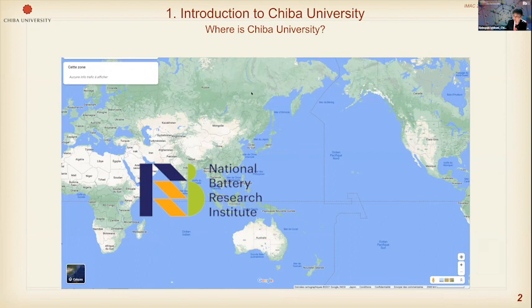Of course, Indri-san knows Chiba University very well. However, not so many people know Chiba University, so I must introduce where it is. This is, as you can see, Google Maps taken in Japan, so Japan is at the center. Of course, if you open Google Maps, your country is at the center.